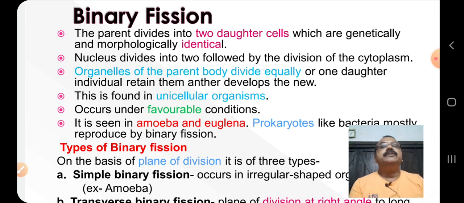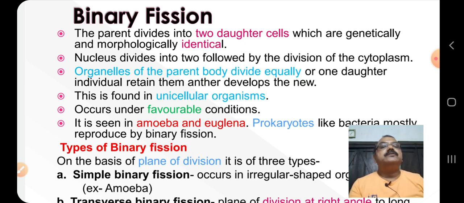The division of nucleus is called karyokinesis and the division of cytoplasm is called cytokinesis. In this process, the cell organelles of the parent either divide equally or one daughter individual retain them and other develops the new.